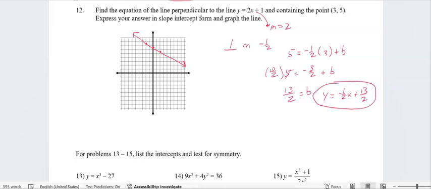So just so you can see, you can check it out, let's do y equals 2x plus 1 and see if they are perpendicular. So y-intercept 1, slope of 2, up 2, right 1, up 2, right 1. And looks like, although my lines are not very straight, you can see that they do form a right angle, meaning that they are perpendicular.